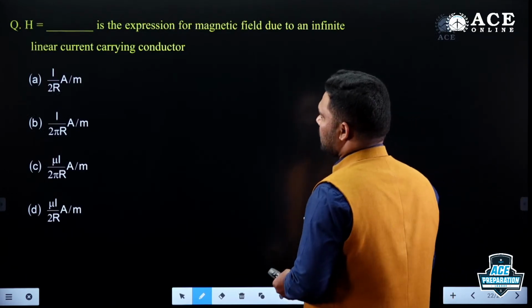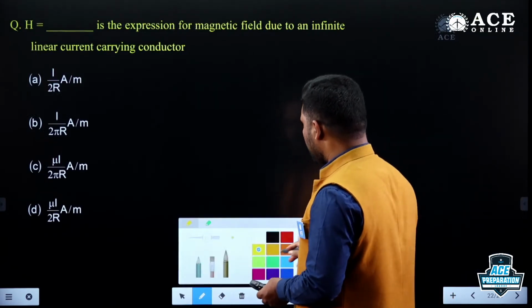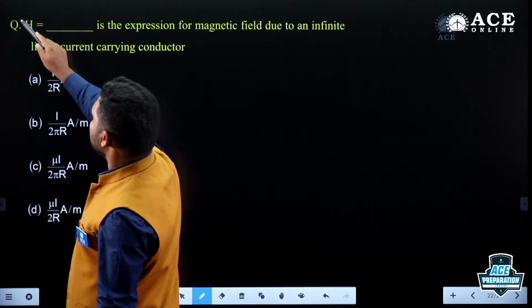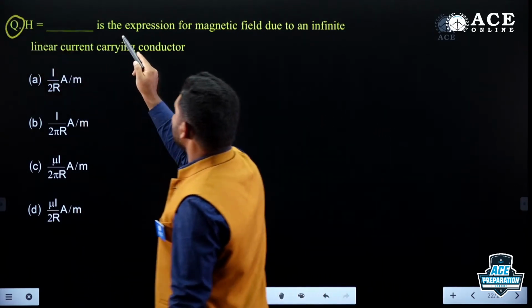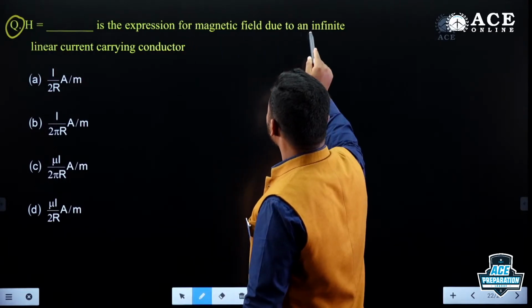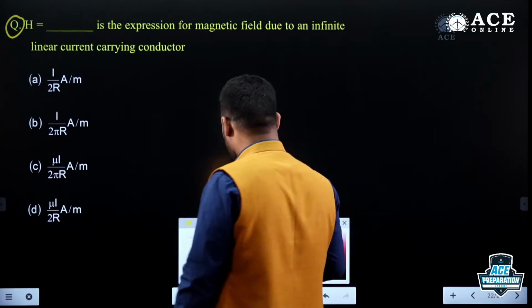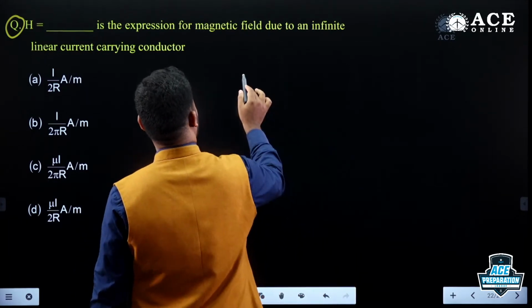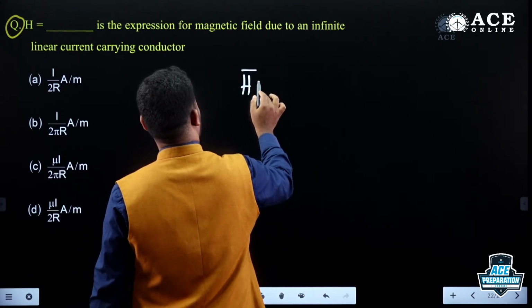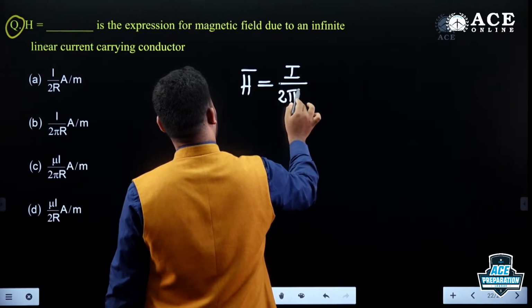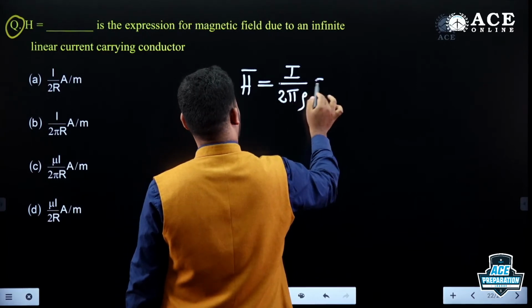Directly, they may ask you to identify the equation, expression, formula. H is the expression for the magnetic field due to an infinite linear current carrying conductor. What is the H value? In vector form, H is equal to I by 2 pi rho phi cap.